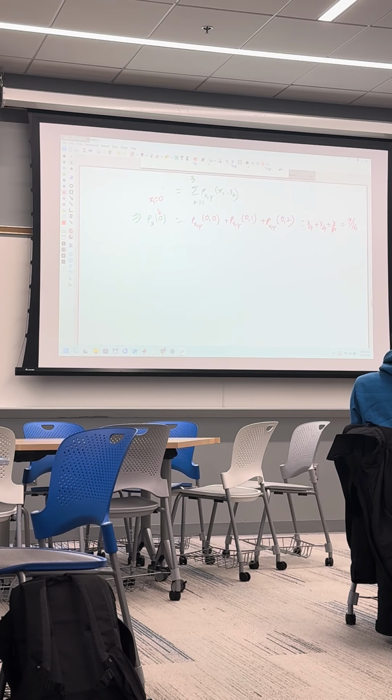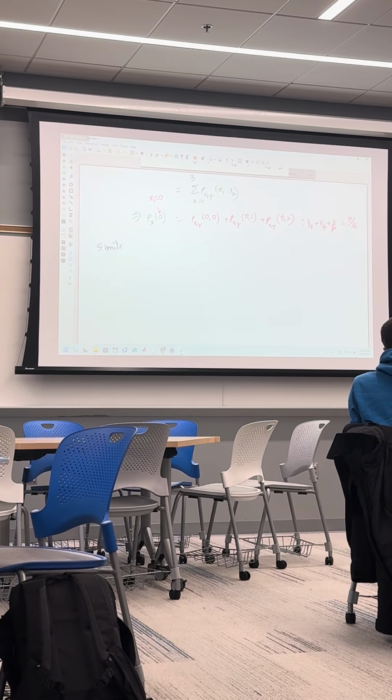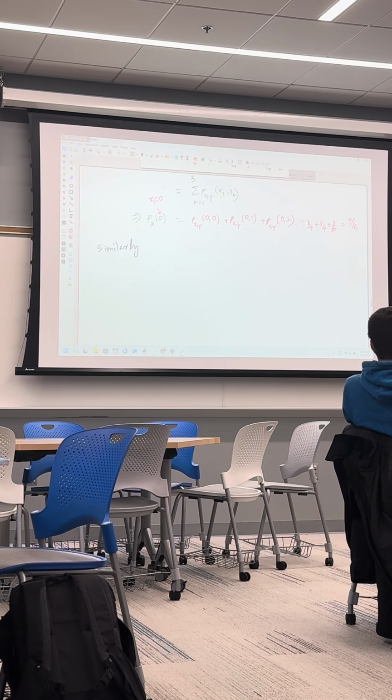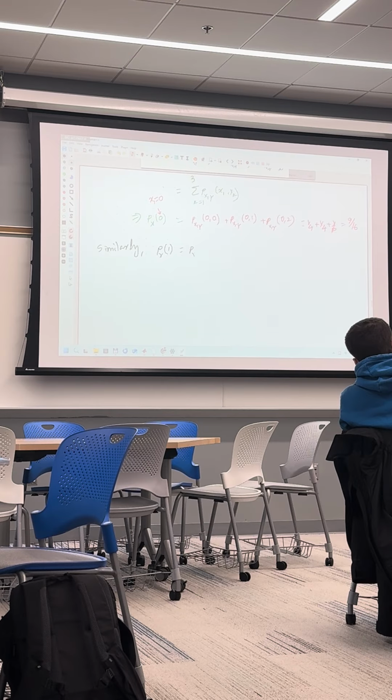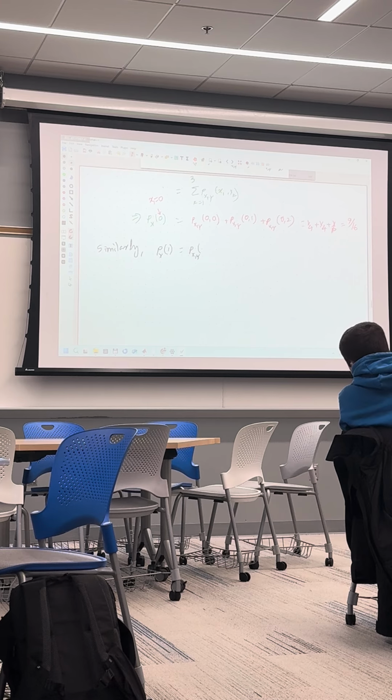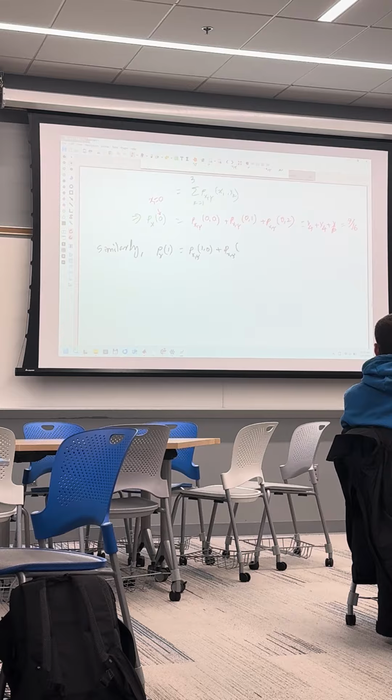Similarly, the marginal PMF of random variable X taking value 1 means it is the joint PMF of X, Y taking value 1, 0, plus the joint PMF of X, Y taking value 1, 1, plus the joint PMF of X, Y taking value 1, 2.